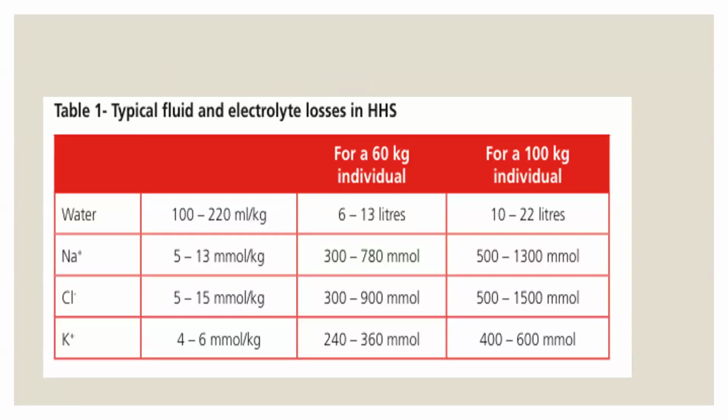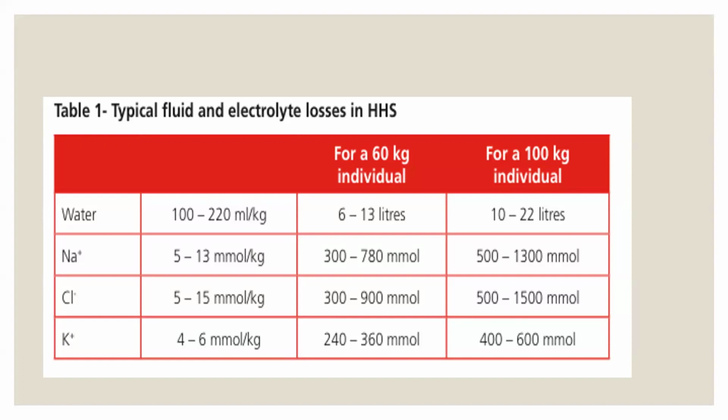So here we'll see typical fluid and electrolyte losses in HHS. The approximate water loss is 100 to 220 ml per kg. In a 60 kg individual, it is approximately 6 to 13 liters, and in a 100 kg individual, it is approximately 10 to 22 liters.